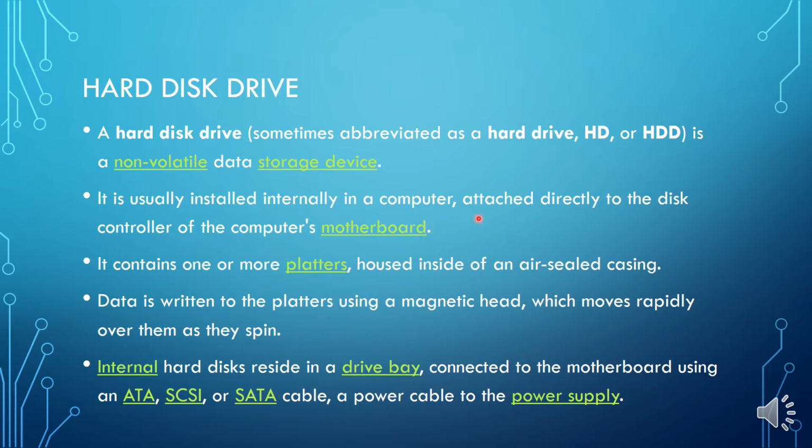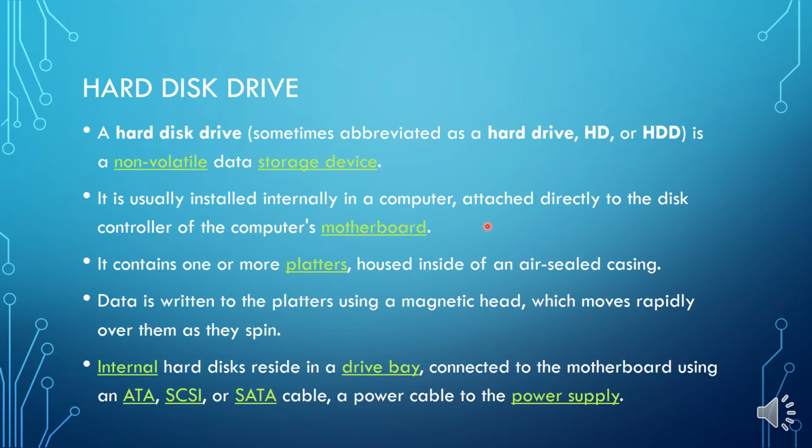Means it is directly connected or installed on the motherboard, or with the help of some cable it is attached to the motherboard. It contains more than one platter. Disk platters, what is a disk platter? That we will see later on.